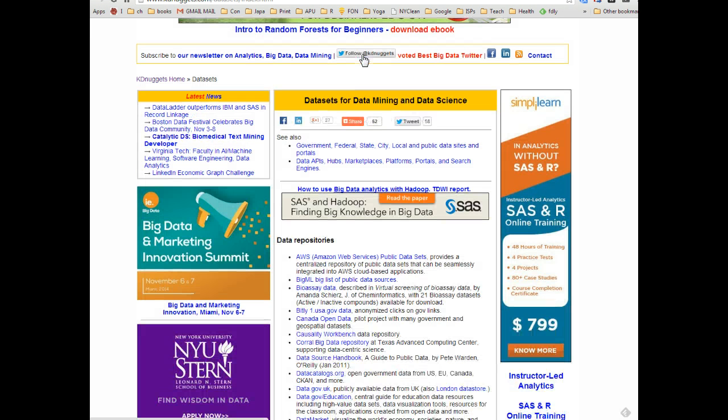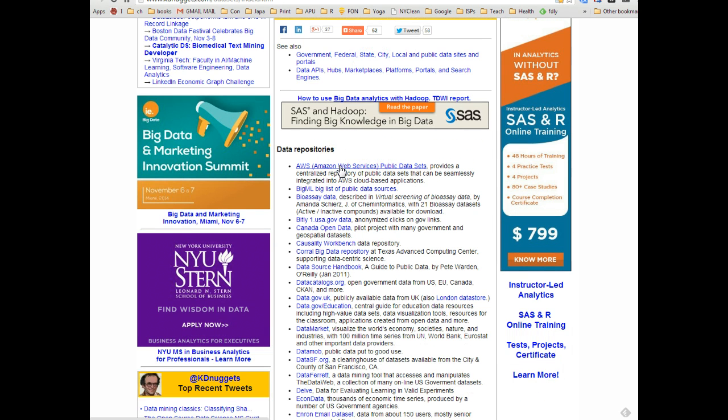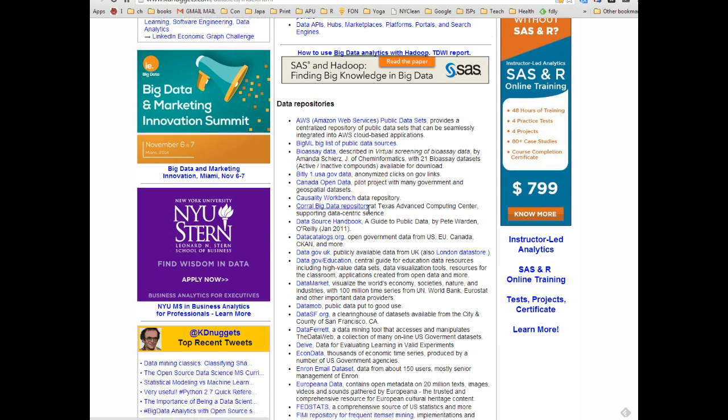So government, federal, city, state, Amazon Web Services, Canada Open Data. Anything interesting here? Public data put to good use. Let's see what that's about.